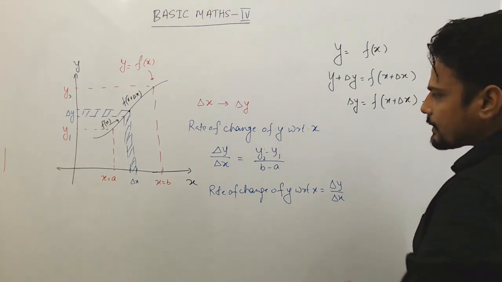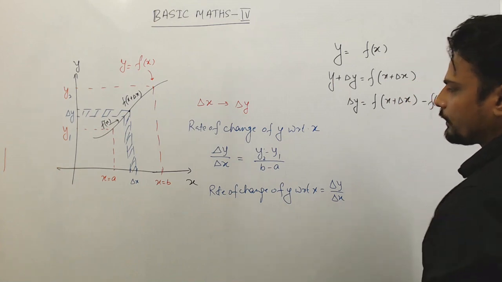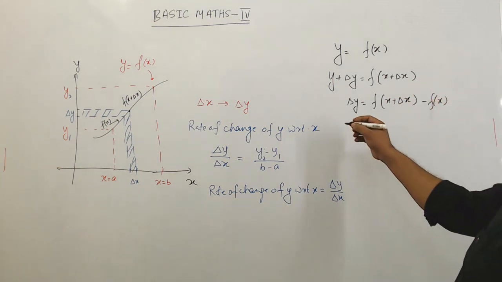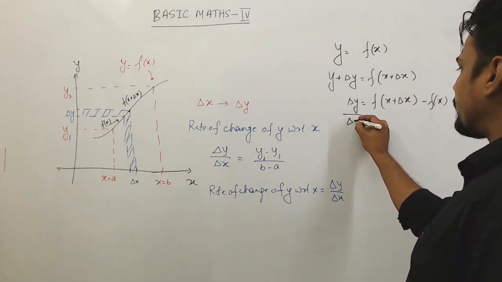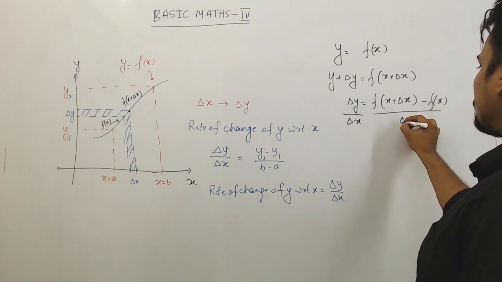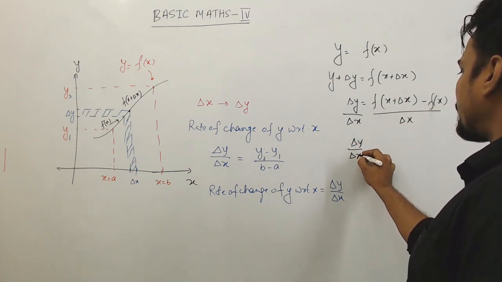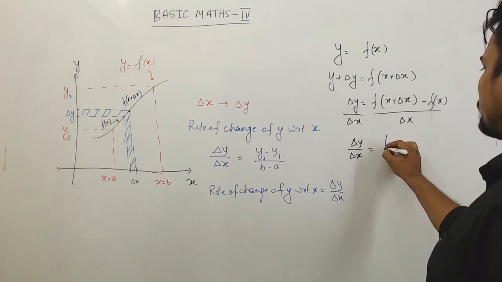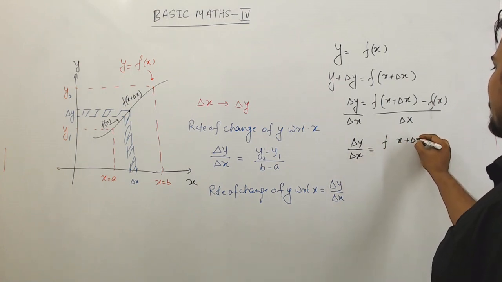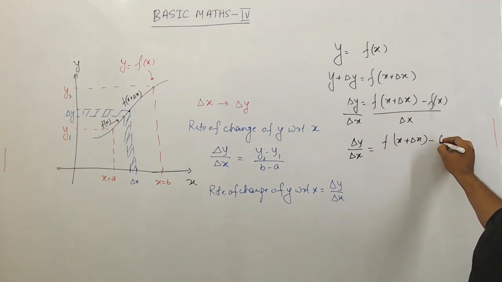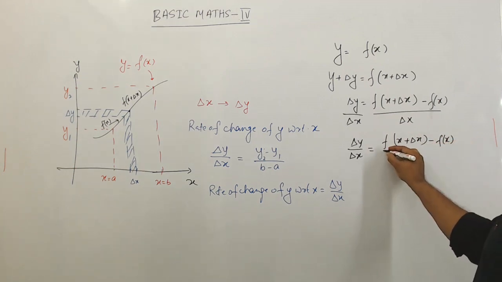I'm actually interested in finding the rate of change of y with respect to x, so let me divide both sides by delta x. That should give delta y upon delta x equal to f of x plus delta x minus f of x upon delta x.